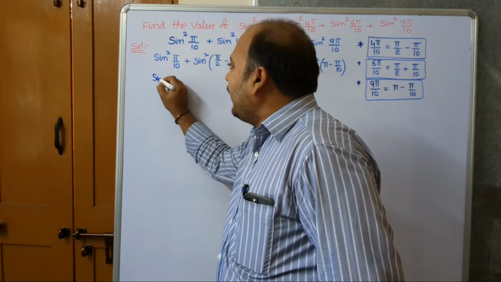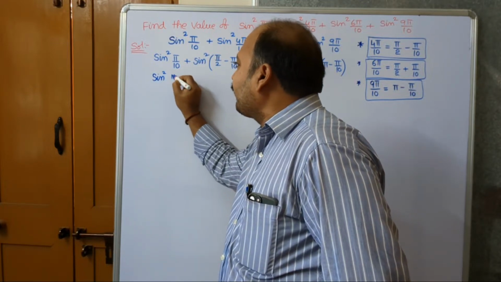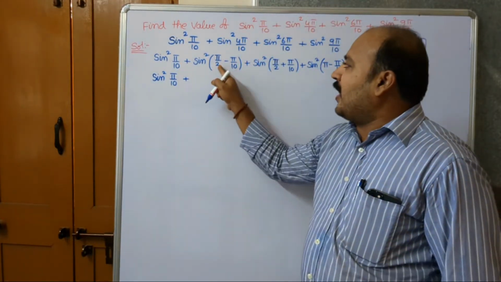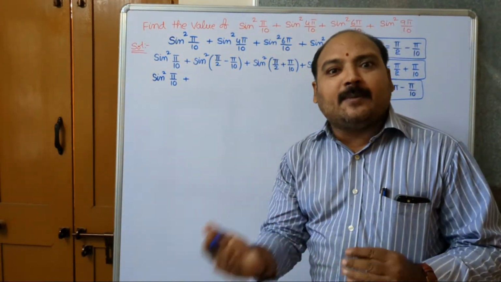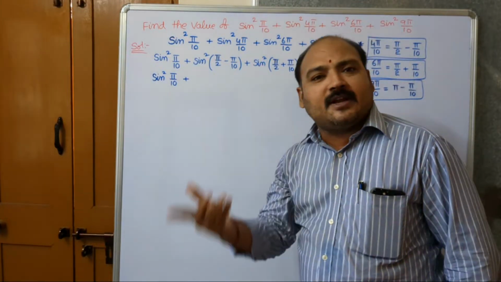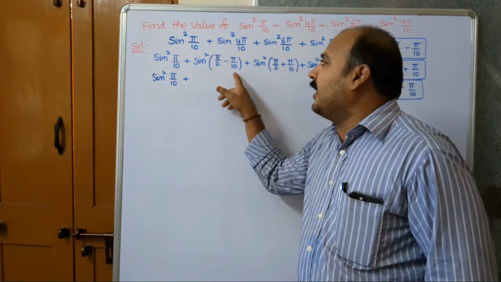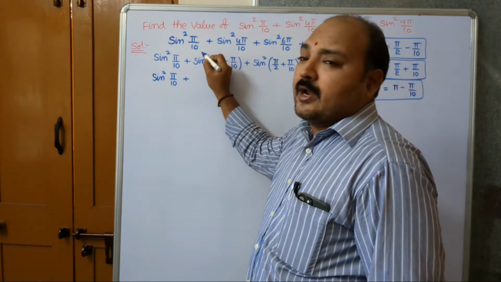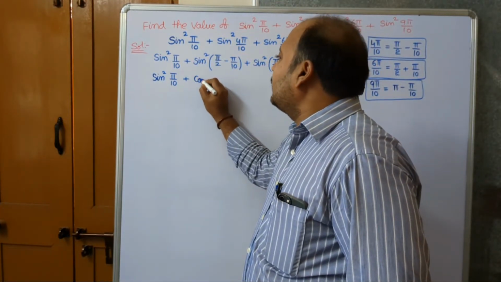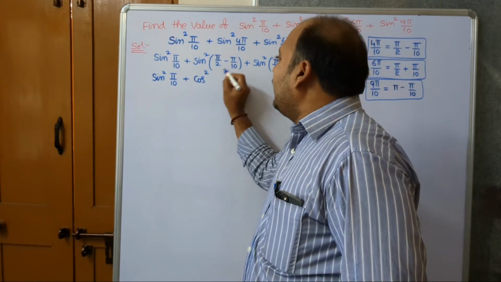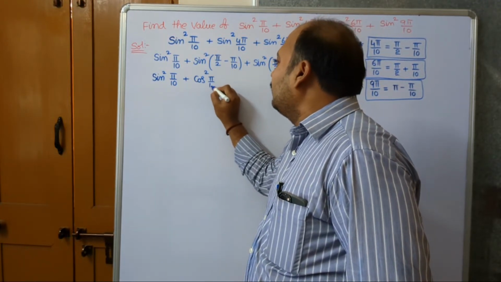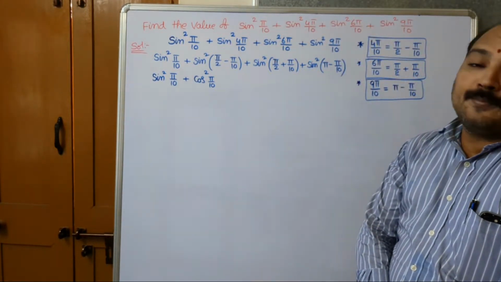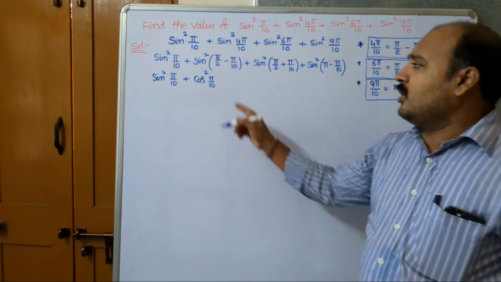So sine square of pi by 10. Sine of pi by 2 minus theta, sine of 90 minus theta, what does it become? It becomes cos theta. What is theta here? Pi by 10. So sine of pi by 2 minus pi by 10, whole square, becomes cos square of pi by 10.